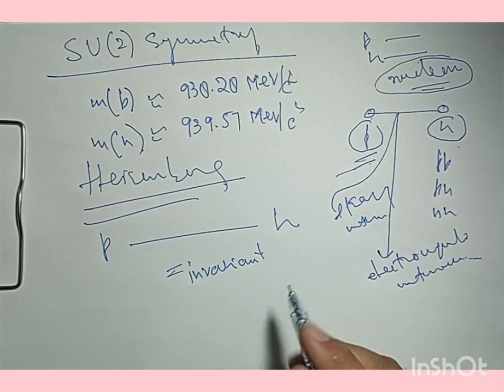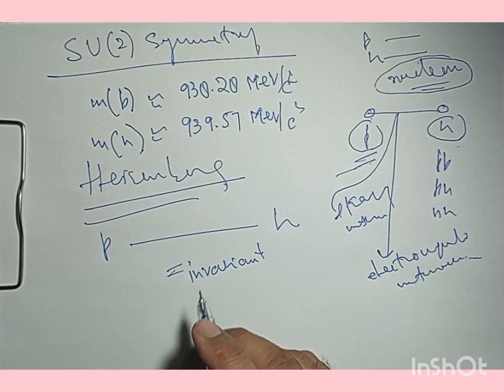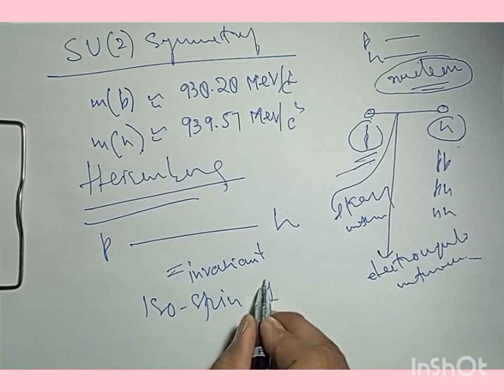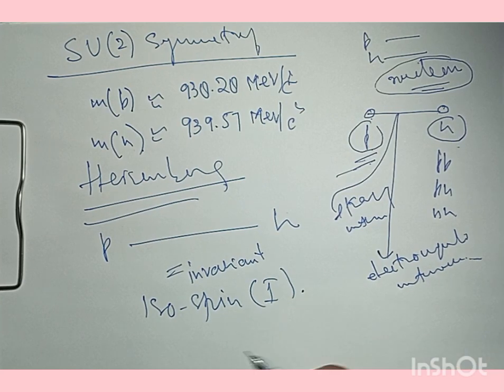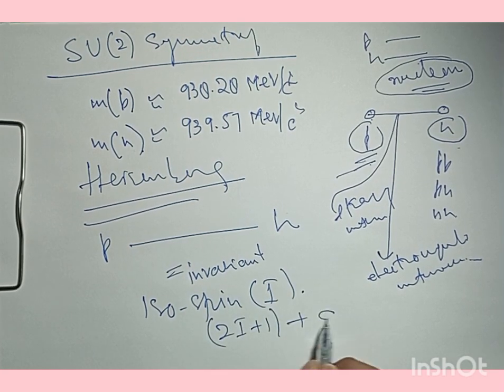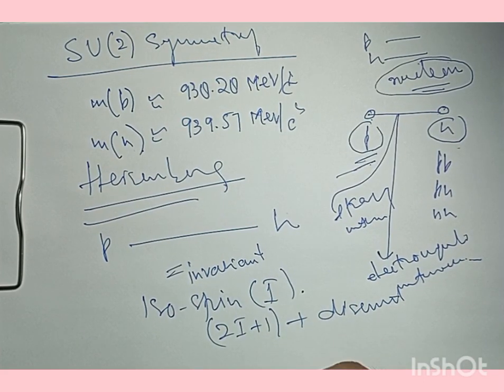Now, this something we have already introduced. This something is known as isospin, and it is symbolized as I. And this I is analogous to the spin S that we have. What we have here is 2I plus 1 discrete orientations, or discrete values, or we may call them degenerate states.